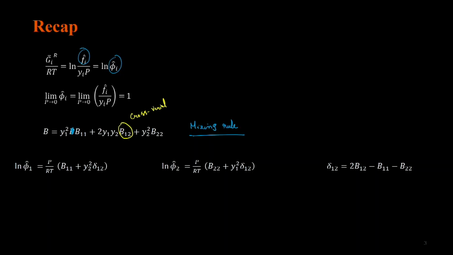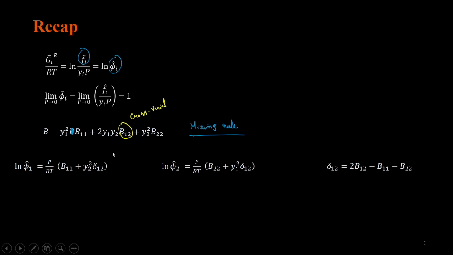And once we have the information about these virial coefficients, we can use the relations shown here to calculate the fugacity of the species in the mixture. We can also extend this formula to multi-component mixtures. What we have shown here is for a binary mixture.